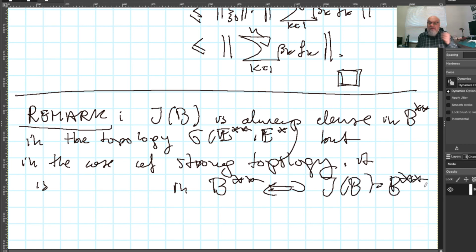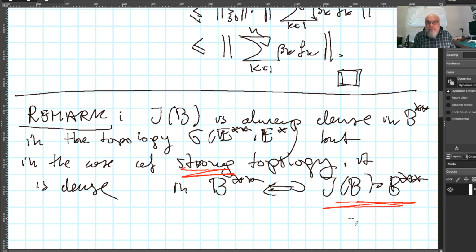That means that this is dense in strong topology. Strong topology, of course, because JB is a closed subspace. Maybe not the whole space, but it is definitely the.